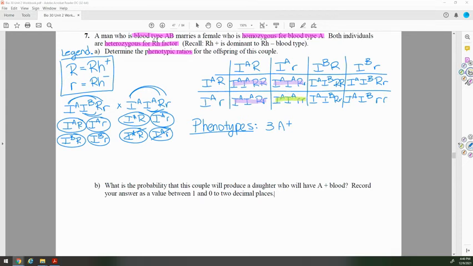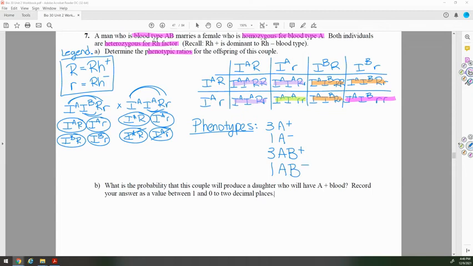Next, we have 1 A negative. We have 3 AB positive. And 1 AB negative.